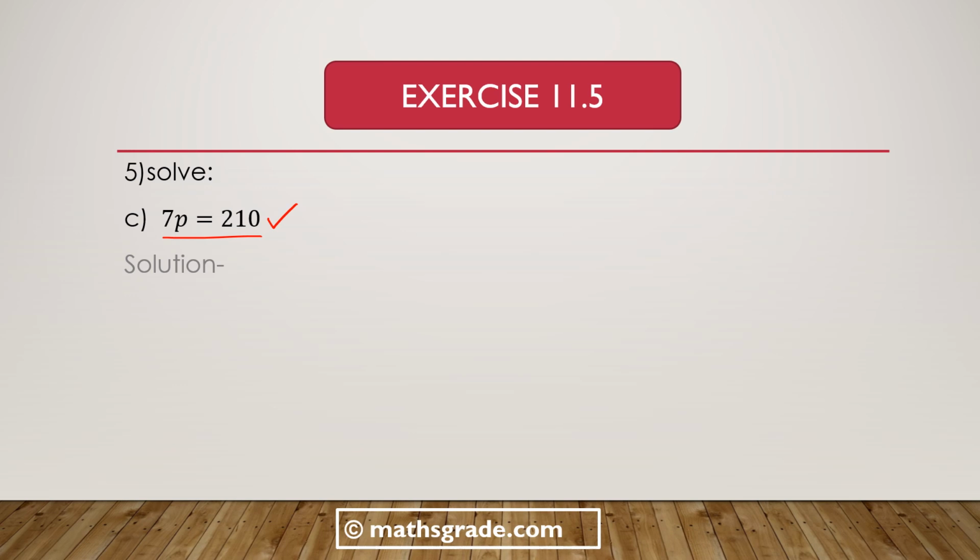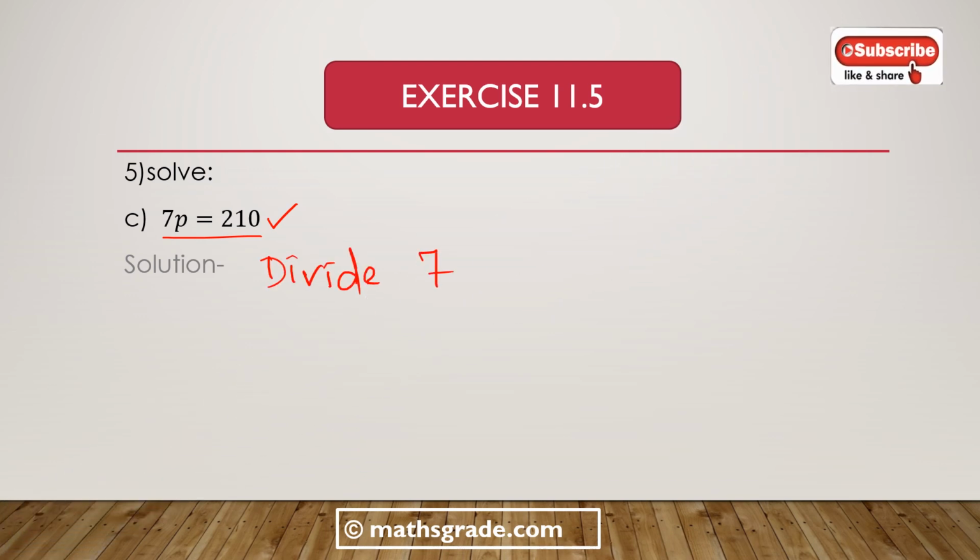Because multiplication is the reverse of division and division is the reverse of multiplication. Here 7 is multiplied by p, so we have to apply the division operation, which is the reverse of multiplication. So we have to divide by 7 on both sides of the equation.